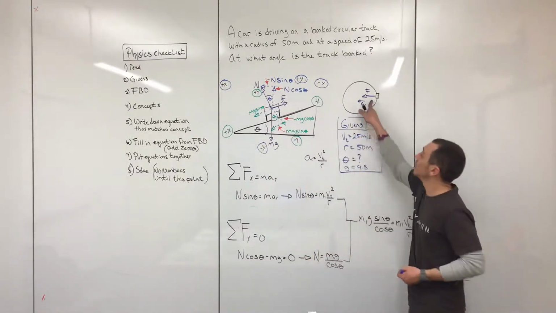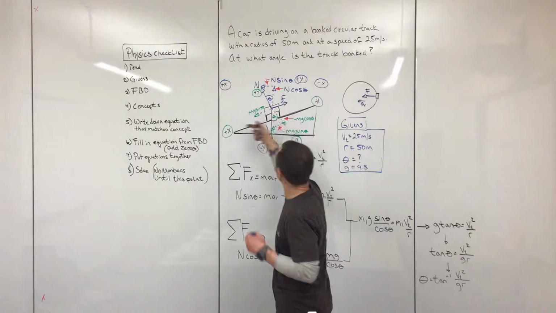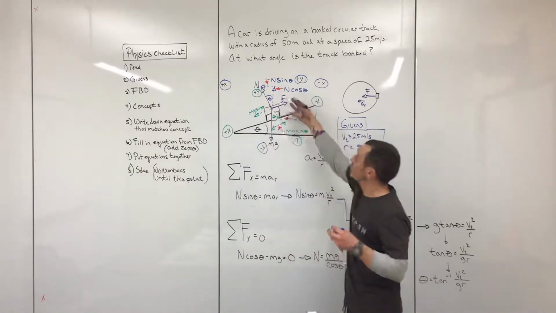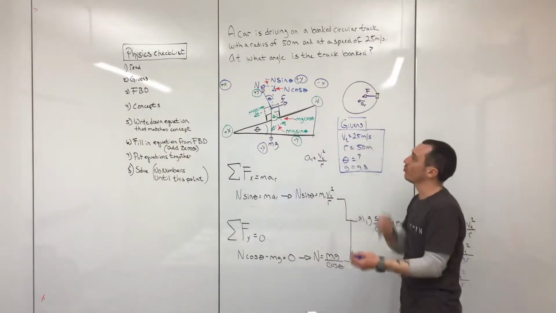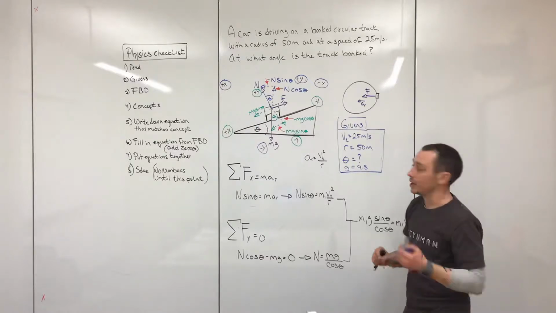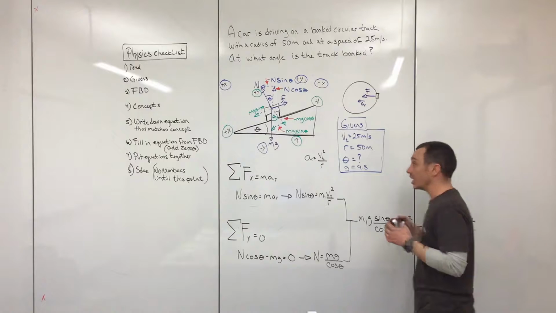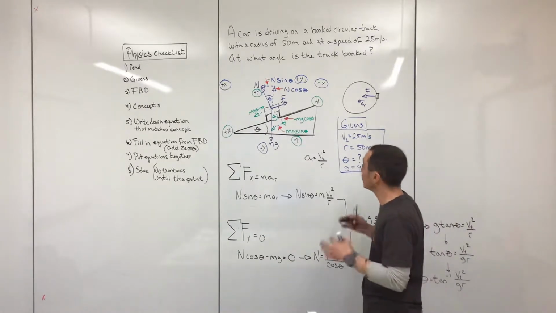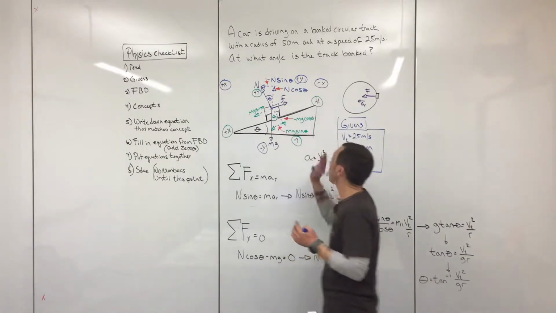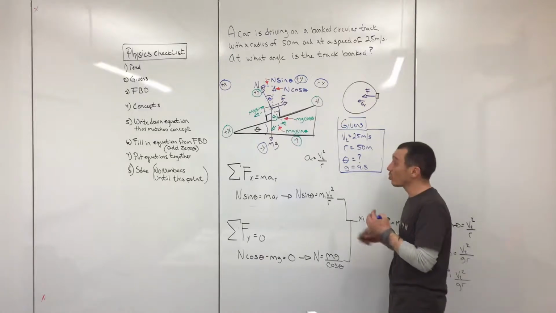So that's a good way to decipher which forces you're looking for, based off what we were given. Could we do some other things here? Maybe, but that's not quite what we want to look at here.